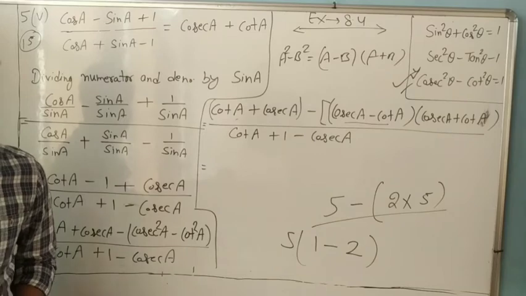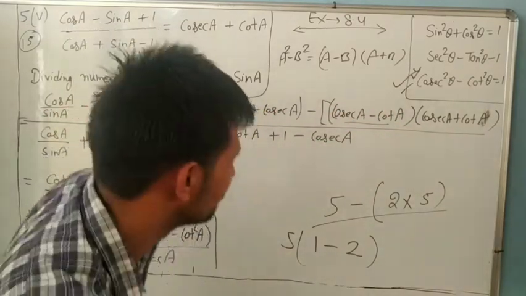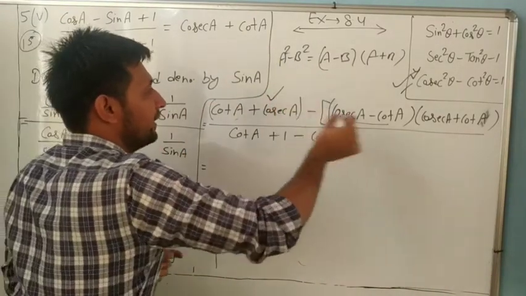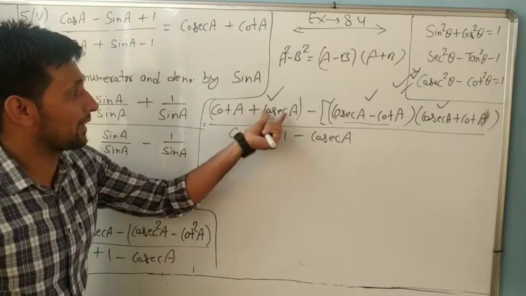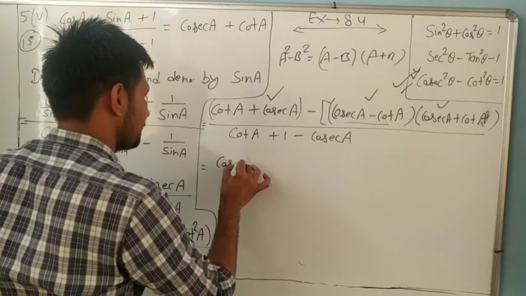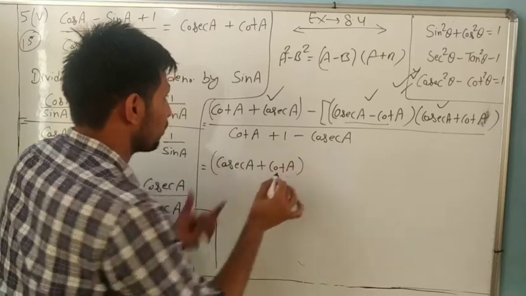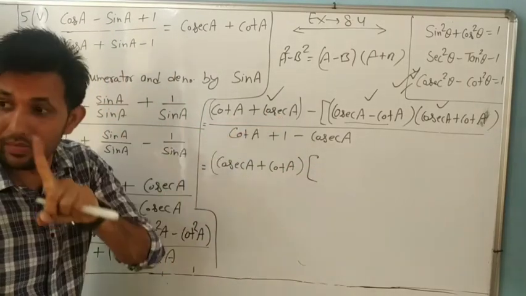Understand or not? So we will identify the common term here. What is common? Very simple. There are 1, 2, 3 terms. So what is common? Cot A plus cosec A. So cosecant A plus cot A, and we took this one common. So what is remaining here? 1.